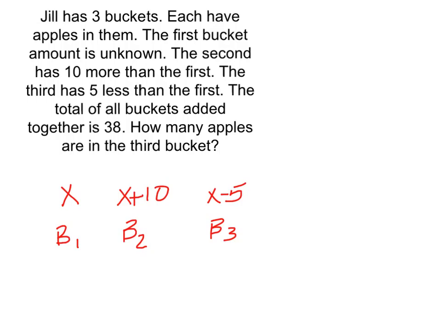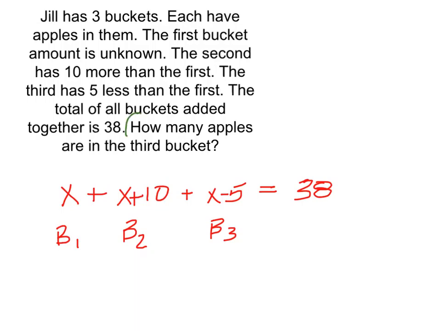The total of all buckets added together is 38. So what operation do I put in here between all of these expressions? Addition. And what goes between the X minus 5 and the 38? Equals. Okay, so there's our equation, but now we have to go through and solve it.